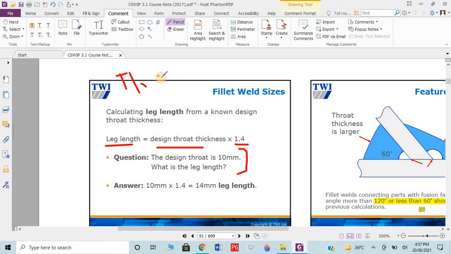Throat is the first action. It means you are less hyper at that time. If you are less hyper, it means the factor is 0.7. Interesting, na? I believe you will not forget in future. Throat is the first action, then you need to multiply with 0.7.